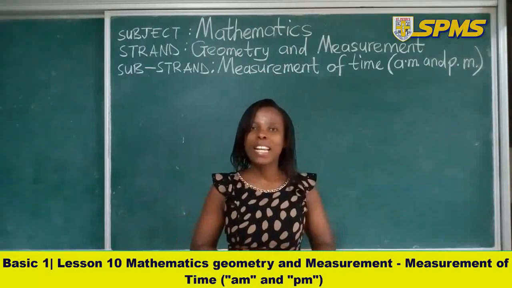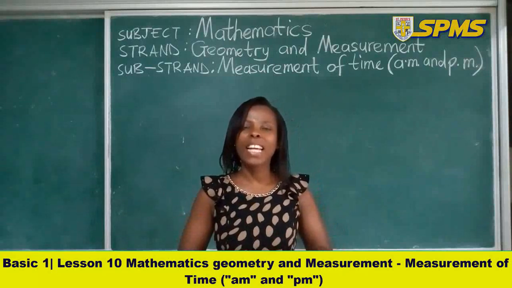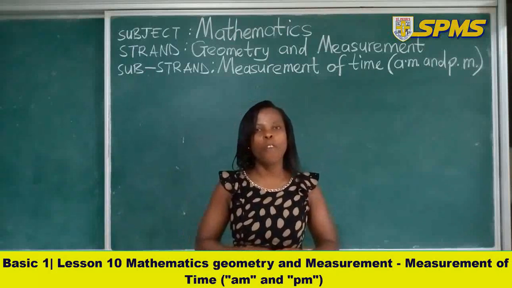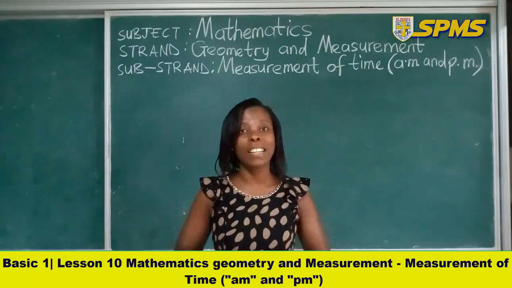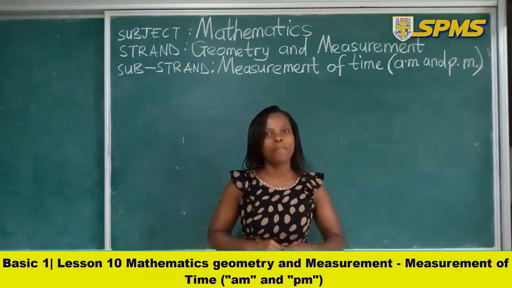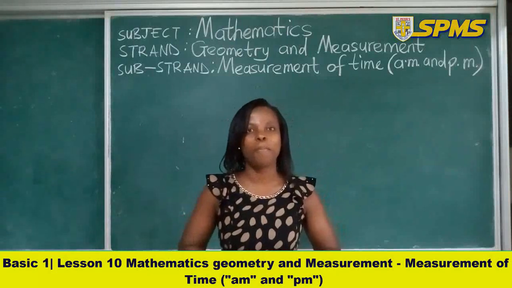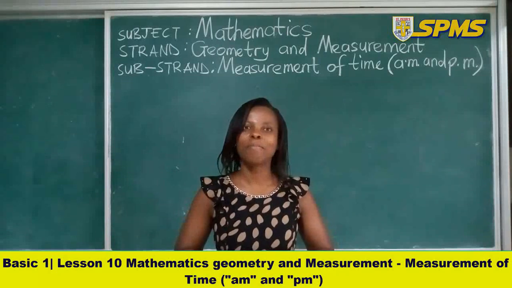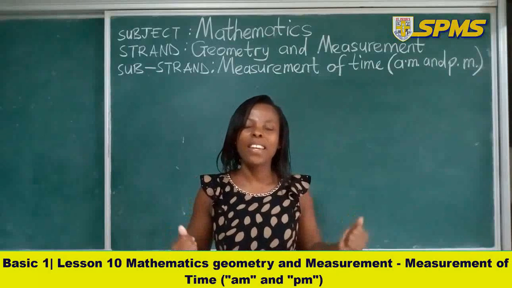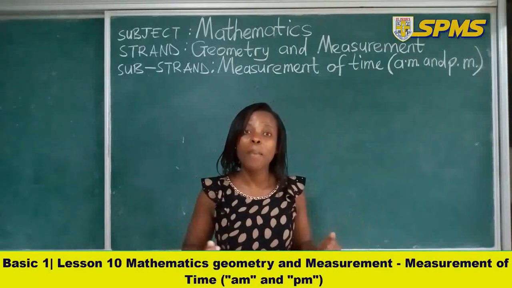The moment the minute hand and the hour hand get back to 12 again, we have the beginning of the second part of the day. But this time, it's not going to be in AM, but PM. Good. Try and practice telling the time in AM and PM at home.